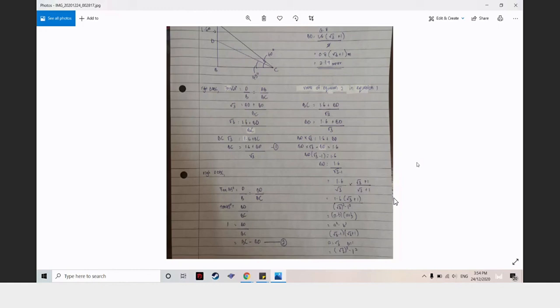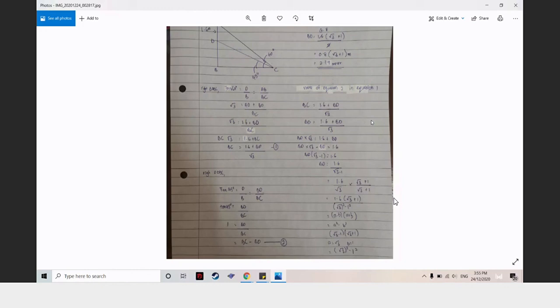And then look at the other triangle, the 45 degrees triangle. Do the same thing also. Tangent 45 equals BD over BC. Tangent 45 is 1, correct? So then for equation 2, Moses, I think there's a typo there.